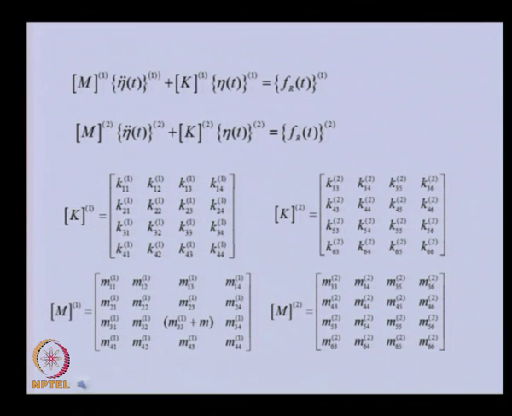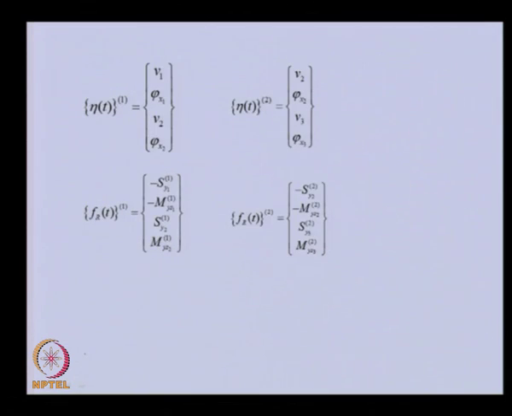Now, let us see the nodal displacements. This is corresponding to element 1 and this is corresponding to element 2, and this is the force vector for element 1 and element 2.